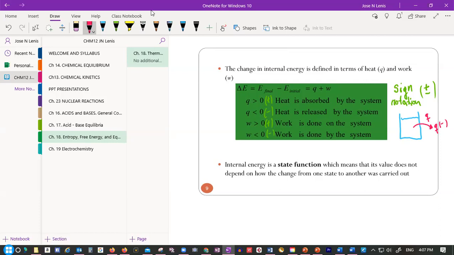And you say, okay, this heat is negative Q. If the system is receiving heat from surroundings, in other words, surroundings are giving heat to the system, look at the direction.